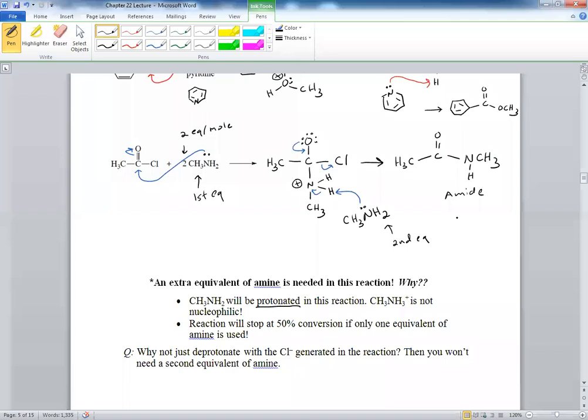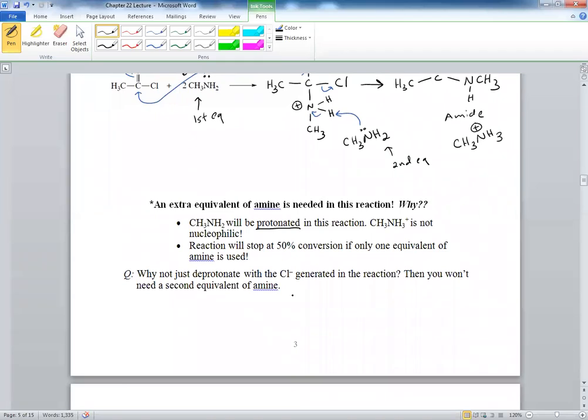So again, with this, you're going to have now which is positive. That's the idea. So that's why, again, you need two equivalents because you're going to form more of this and you need more for the nucleophile and the base. So the question then is, why not just deprotonate with Cl minus?